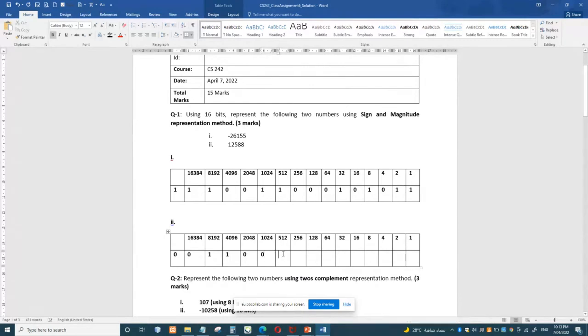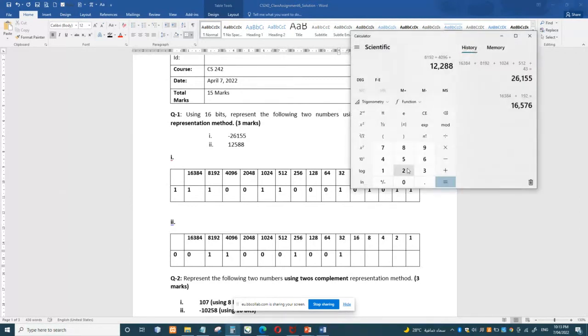We don't need 1024. We don't need 512, but we can take 256. And we don't need 128, we don't need 64, but we can take 32. So we are adding 256 plus 32, and we are left with 12, since the total is 588.